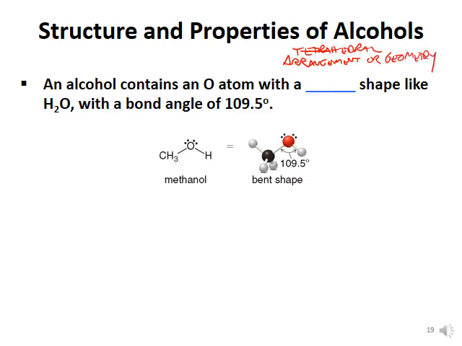Because if you remember with your shapes of molecules, that center oxygen right there has one place where electrons can be found, 2 places where electrons can be found, 3 places, and 4 places. 4 places with electrons equals tetrahedral shape, not shape, tetrahedral geometry.